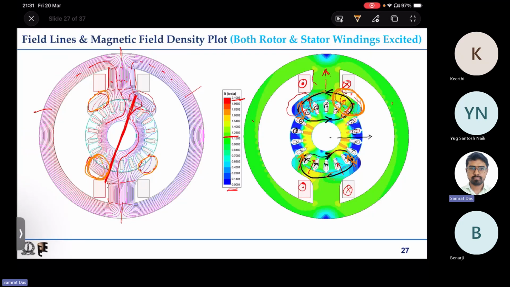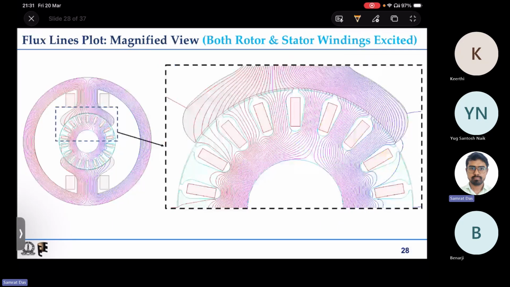So that is what happens. One side of the pole shoe gets stronger due to the armature excitation, and the other side gets weakened due to the armature excitation. Effectively, if you see the field, okay, we'll come to that as I go ahead.